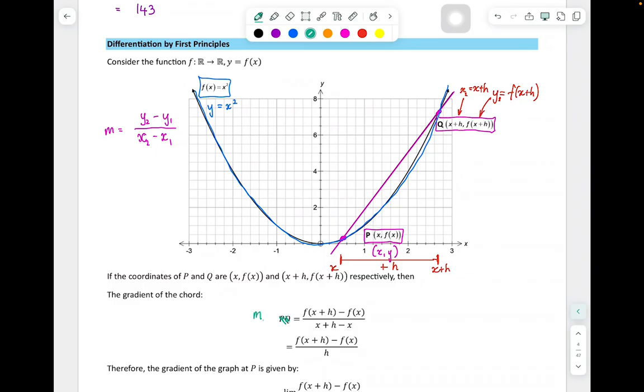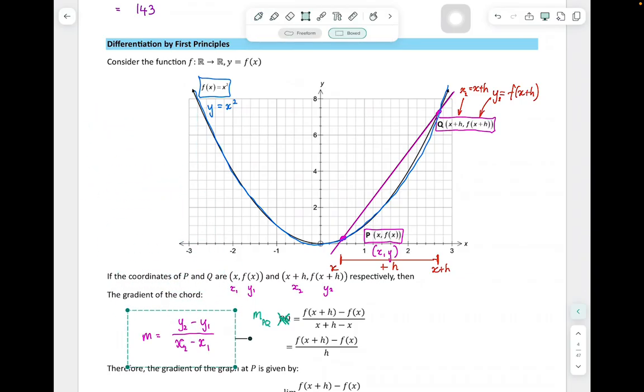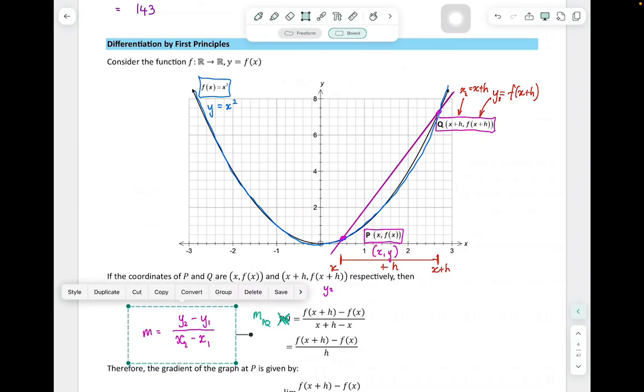M, and the subscript is PQ, the gradient of the line PQ, not just the capital PQ. We know that we have x1, y1, x2, y2, and we are calculating the gradient as we have written up here.